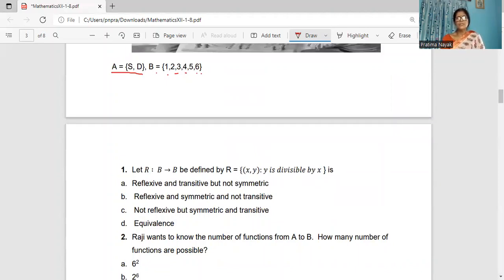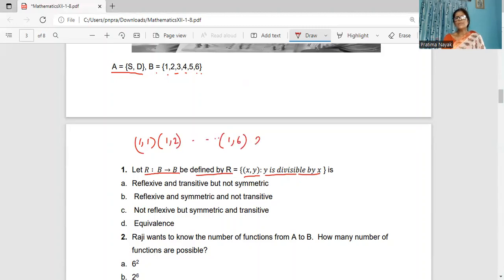Now the question started from here. Let a relation be defined from set B to B. It is defined by all ordered pairs x, y, where x, y both belong to B, but y is divisible by x. That means when you take B to B, you are taking 1, 1, 1, 2, and so on up to 1, 6.